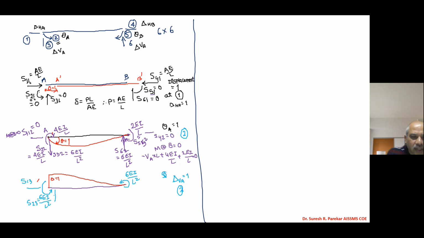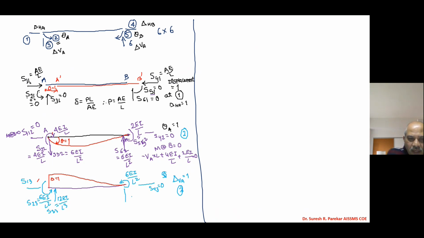Then we have to find reaction. Now this is anti-clockwise. So we should have this value we will get now 12EI/L³. This value will be S at 3 due to 3, S at 2 due to 3, S at 3 due to 3. Then we have axial S at 4 due to 3. This is also 0.